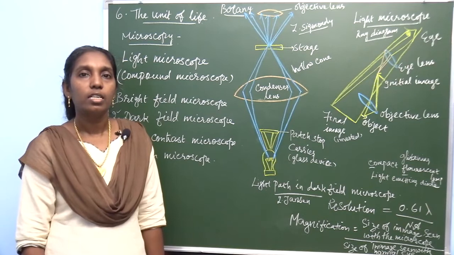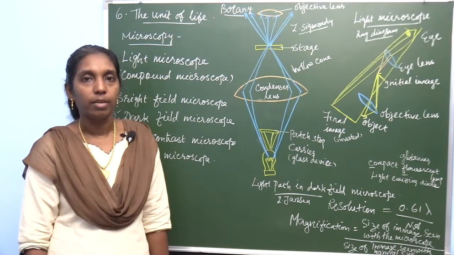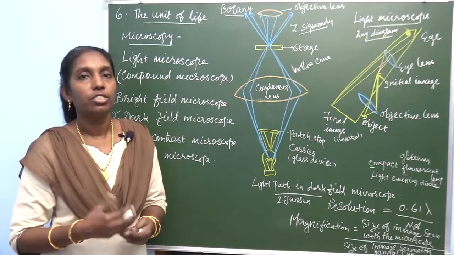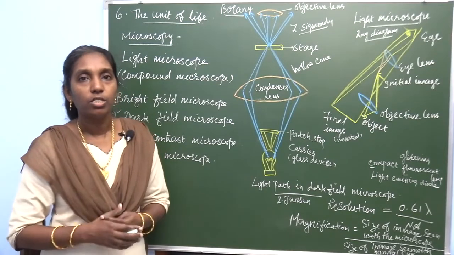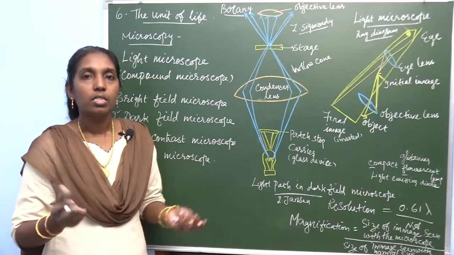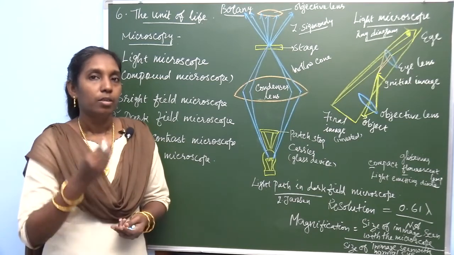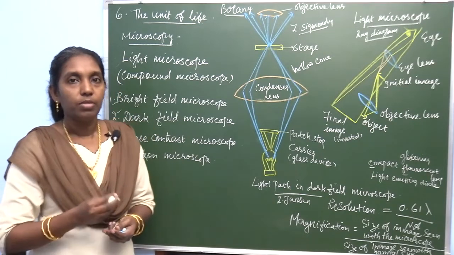You know that we cannot see cells with the naked eye because the naked eye has a limitation in power. There is a limitation of the human eye; we cannot see certain small objects beyond the limit of this size.